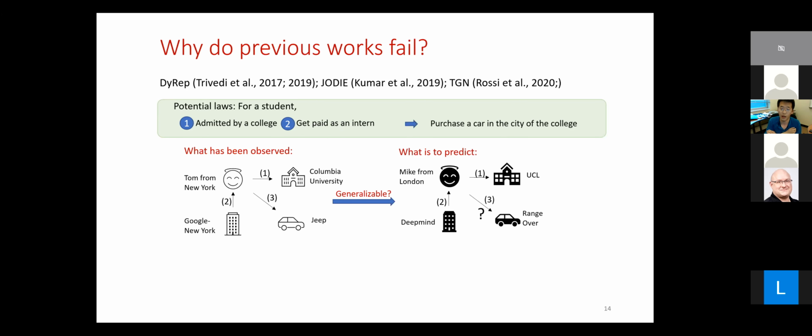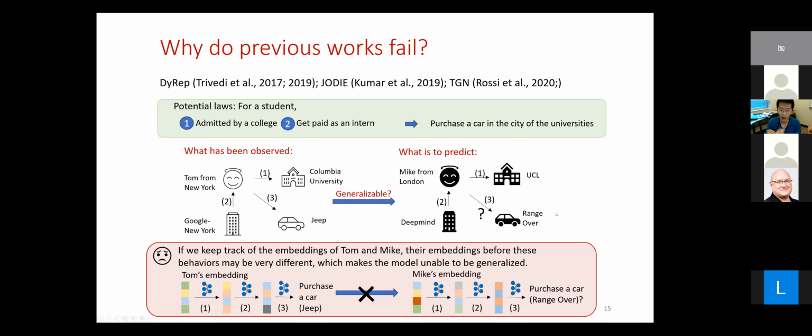Suppose our model is trained like this, and we want to know whether our model can be used to make inference on students, let's say, in the UK. I have to say there is some risk for this model to do this job. Why is that?